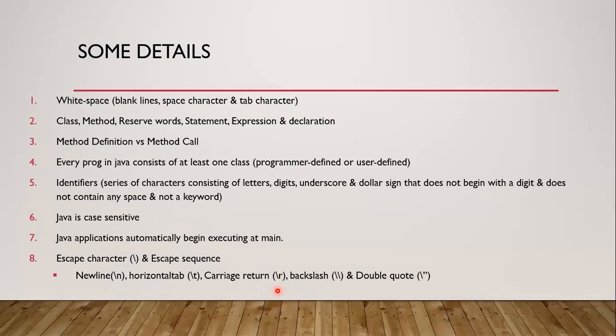The carriage return will bring it back to the beginning, and then the rest of the string will overwrite the initial part of the string. Then double quote. A sequence of \ and n will mean we take the rest of the string to a new line. Let's take a look at only one of these.